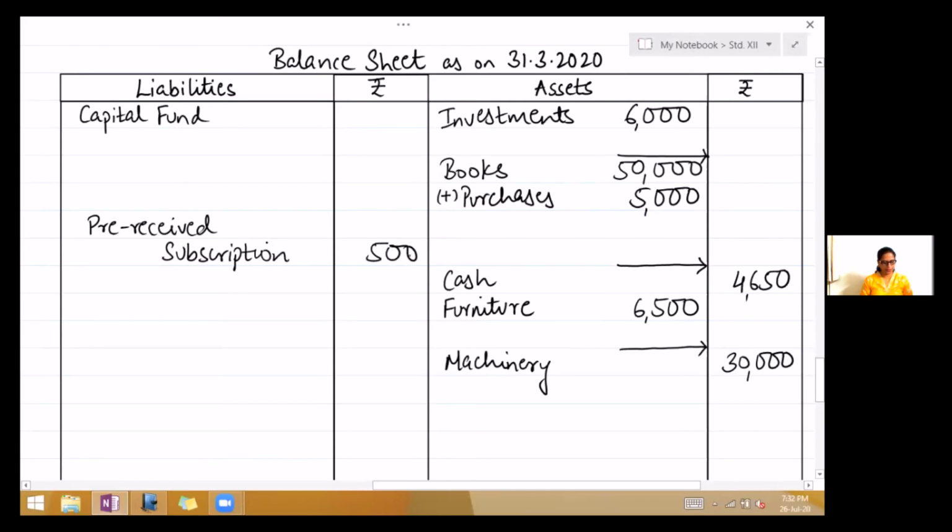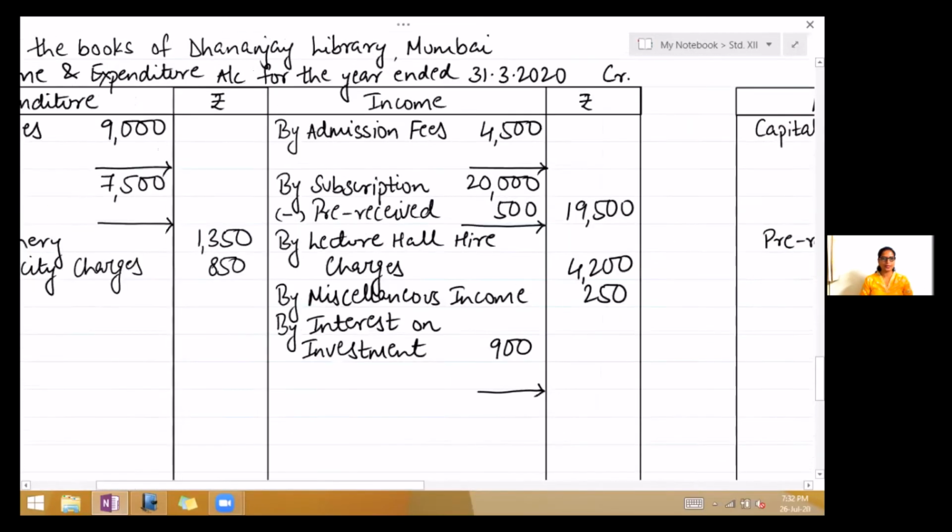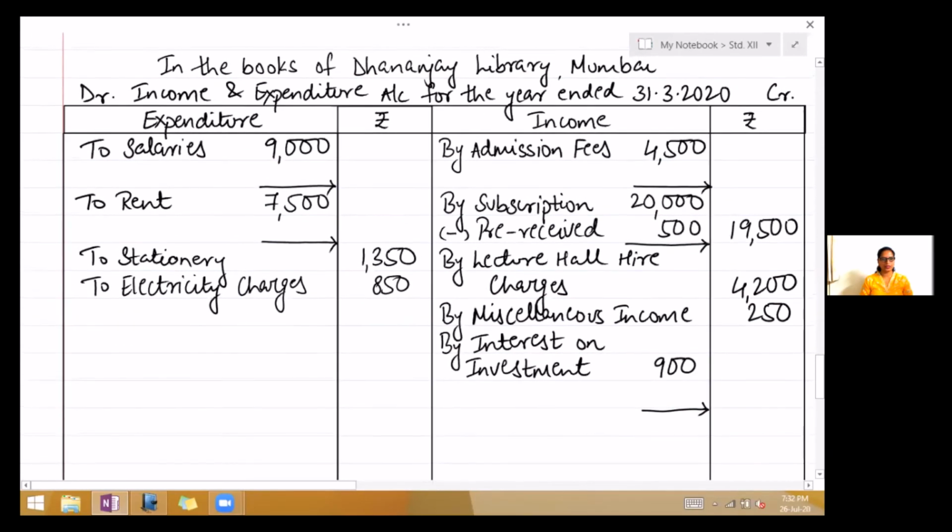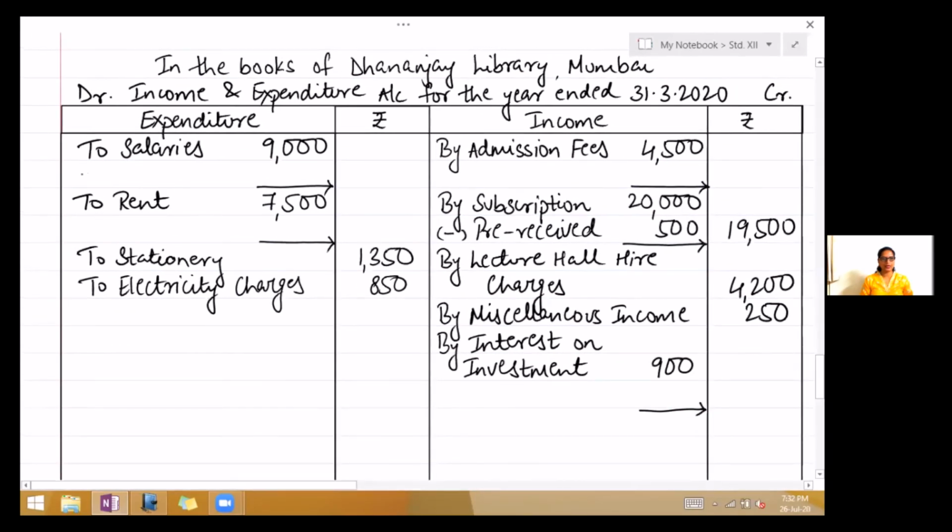Third adjustment, outstanding salaries rupees 1300 and rent 950. Two expenses are outstanding. So first take salaries, outstanding you have to add. So add outstanding salaries 1300. Add it, take it to the outer column, 10,300.